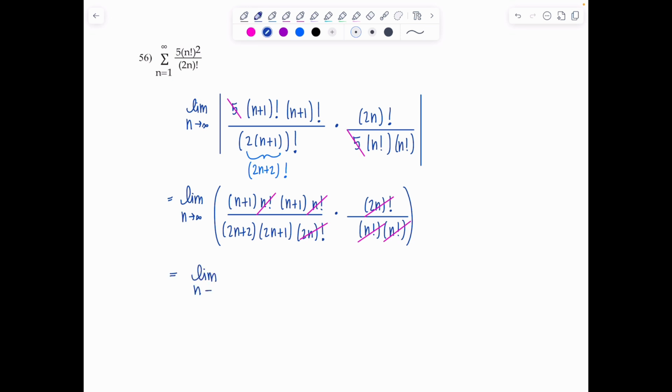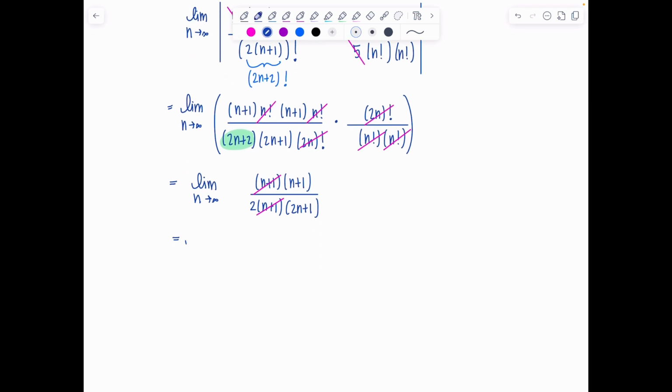Limit n goes to infinity, n plus 1 times n plus 1 over, this is just like that last problem. You can take a 2 out, and then you have n plus 1, and then 2n plus 1 is the other factor. So n plus 1 cancels, and then we should be ready to take the limit.